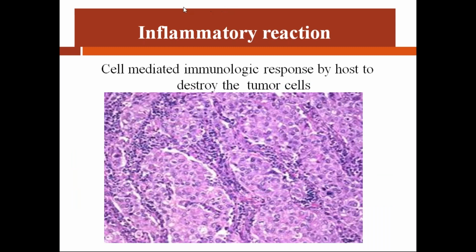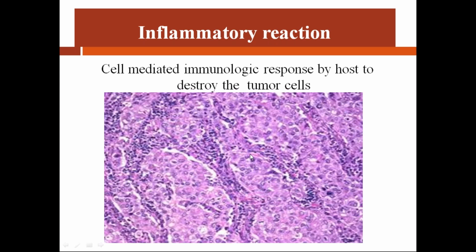So I think the inflammatory reaction and the stromal reaction I explained in the very first class. We have a desmoplastic stromal reaction and an inflammatory reaction of the stroma in response to the islands of tumor cells present in the extracellular matrix or in the connective tissue.